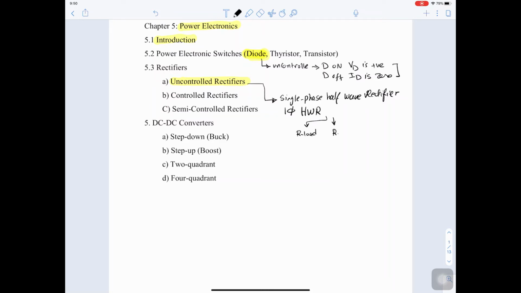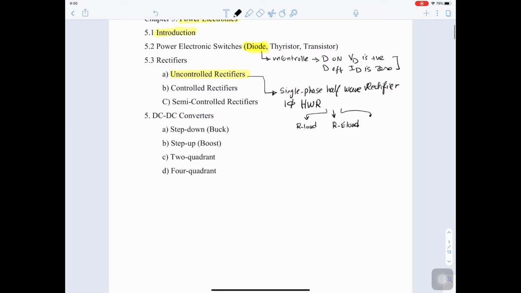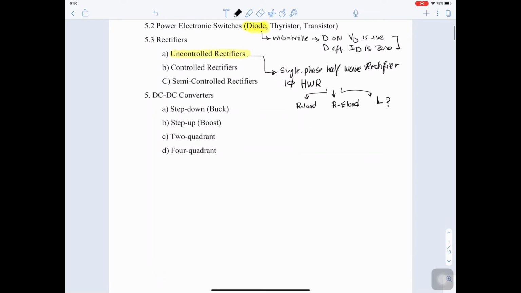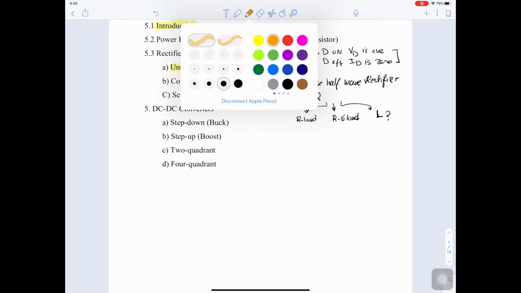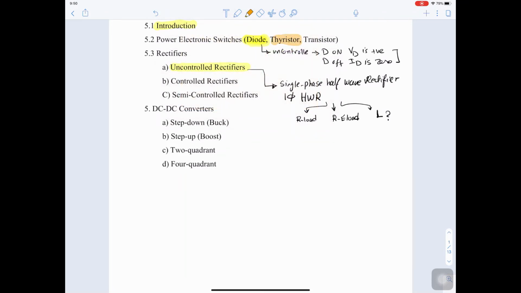Today we will study an RE load, and we will see the effect of having an inductance. Then we will move to single phase full wave rectifiers, and by covering the single phase full wave rectifier, we will move to our next switch, which is thyristors, and thyristors are controlled diodes. So we will go through the controlled rectifier. Then we will have a mix of thyristors and diodes, which will be a semi-controlled rectifier.